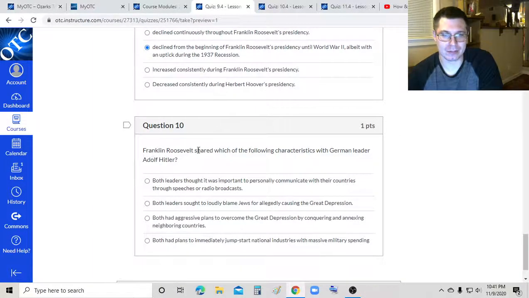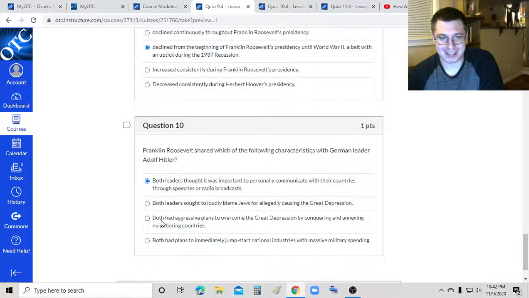Question 10. Franklin Roosevelt shared which of the following characteristics with German leader Adolf Hitler? Both leaders thought it was important to personally communicate with their countries through speeches or radio broadcasts. Yes, here we go. That's the answer. These others should obviously seem not correct, right? Because Roosevelt did not loudly blame Jews for causing the Great Depression.